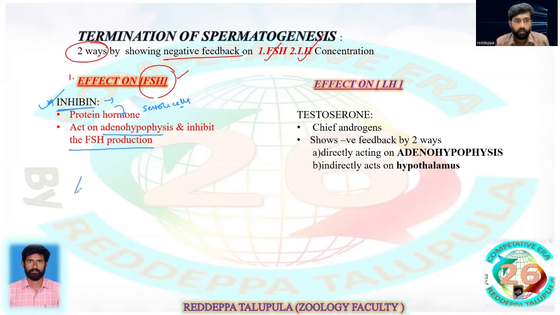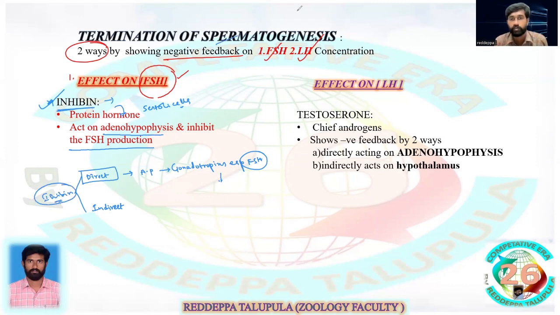I will say it again: direct pathway, indirect pathway. In the direct pathway, inhibin acts on the anterior pituitary and stops the production of gonadotrophins, especially FSH. Thus, the concentration of FSH is directly monitored by inhibin during termination of spermatogenesis. Next, the indirect pathway.